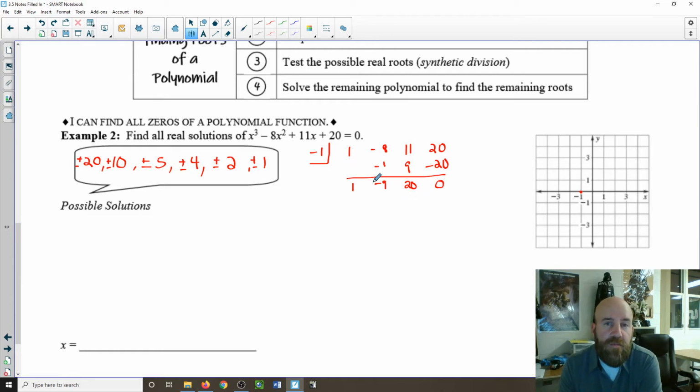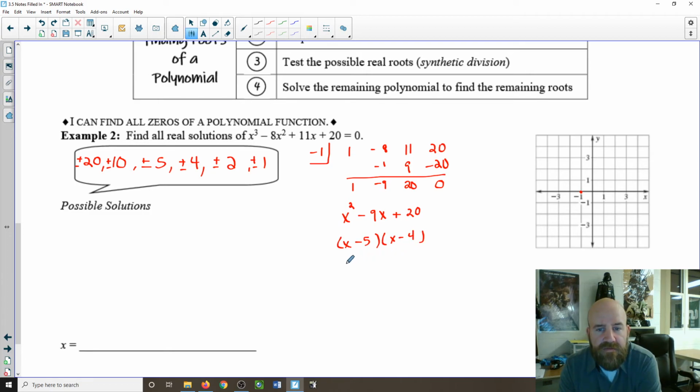So we could find them whether they are real or complex by solving the quadratic, factoring the quadratic, or using quadratic formula, completing the square, any one of those methods. We would be able to find answers whether they're complex or real. So we know this factors out to be x minus 5, x minus 4.